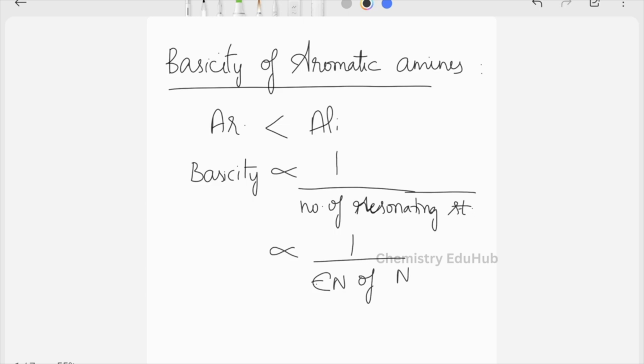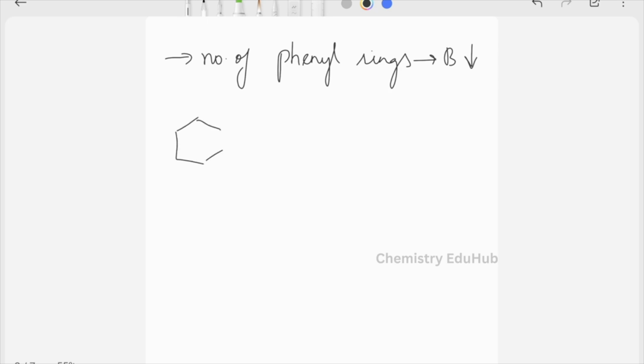Now let us see various examples in which the basicity of aromatic amines is better explained. So as the number of benzene rings, or we can say phenyl rings, are increased, the basicity will decrease. B indicates basicity. So here there is one phenyl ring with NH2. So basically this is aniline.